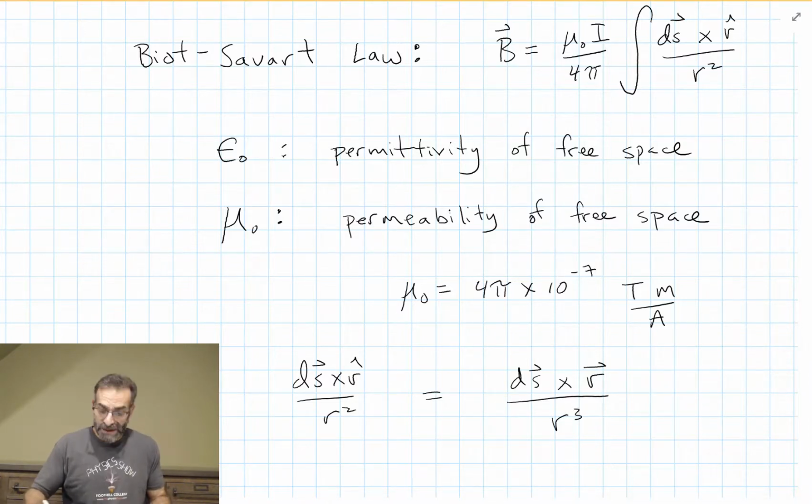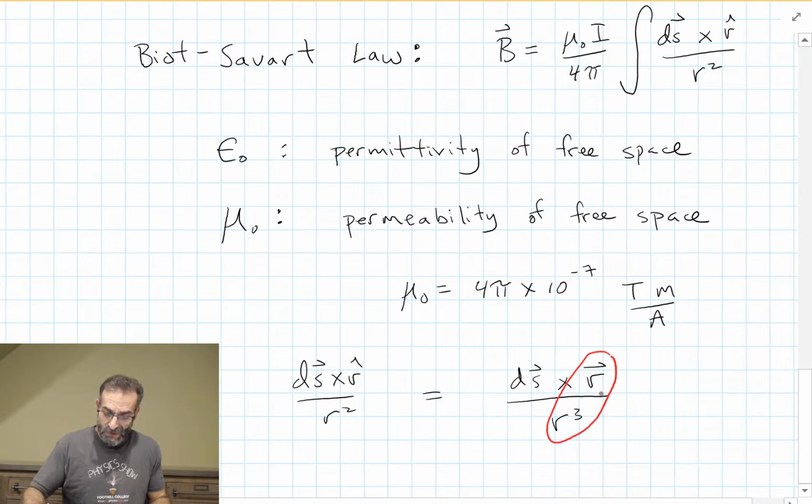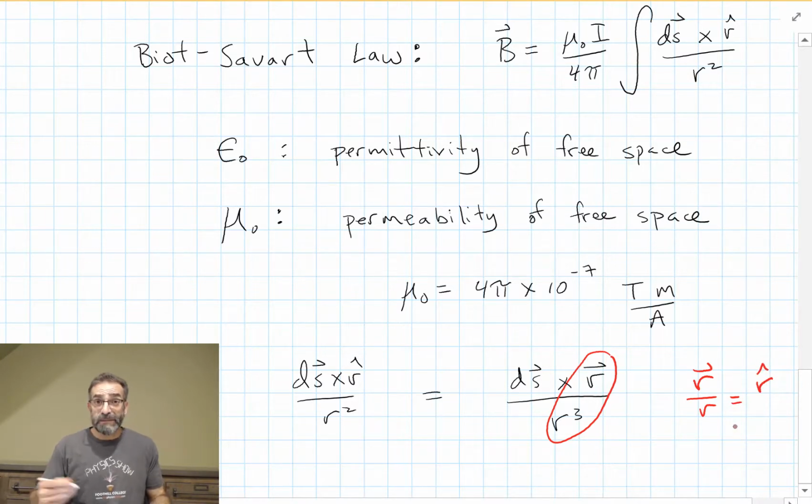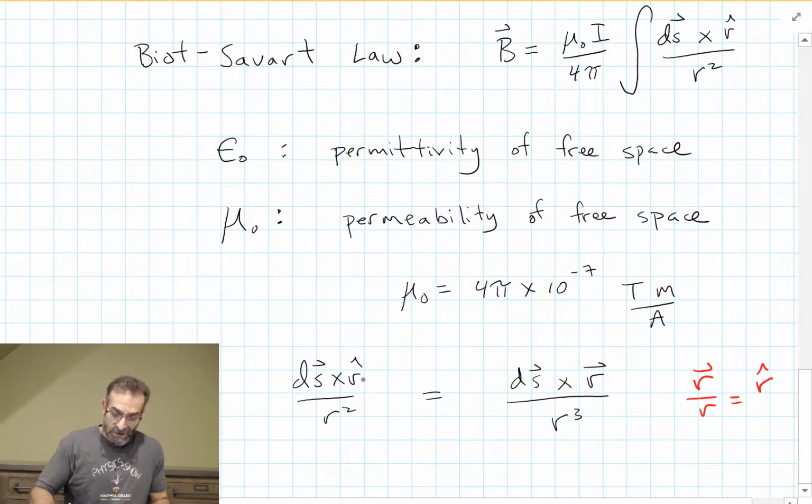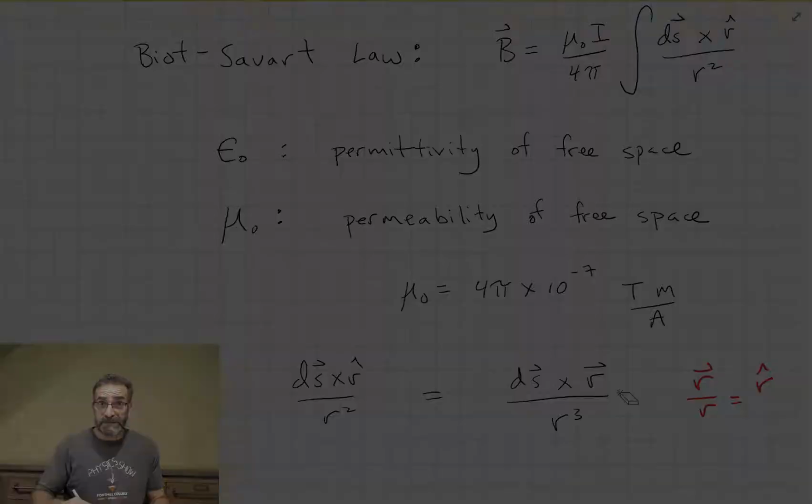These are identical because r vector over r is equal to r hat, a unit vector that points in that direction. So on the left-hand side, I have a unit vector in my numerator and r squared in my denominator. And on the right-hand side, I have a full vector with the magnitude associated with it. And so I have r cubed in the denominator, but these two expressions are exactly the same.